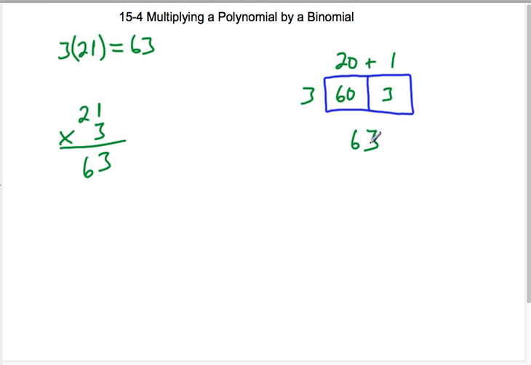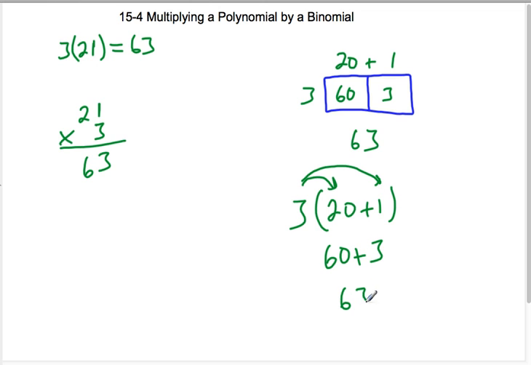Some of you might be thinking this looks a lot like the distributive property, because it is. 3 times 20 plus 1 is 3 times 20, right, plus 3 times 1, 63. Well, the reason we didn't have to do it that way previously is because they're all numbers and we don't need to split 21 into 20 plus 1.